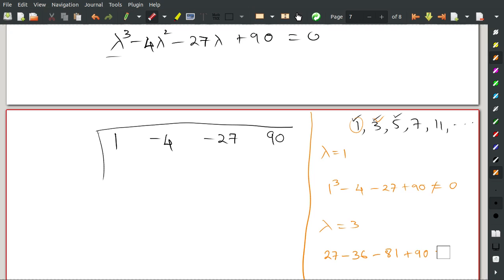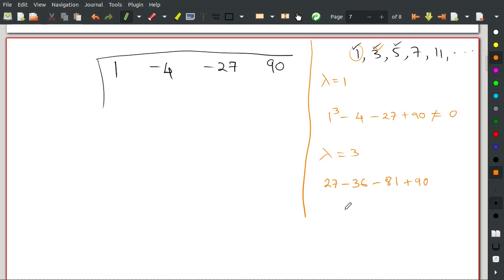We have to check whether it is equal to 0. We have 90 here. If we add this to 27, we have 117, and 36 plus 81 is 117, so we have minus 117, so this equals 0. So we can use 3 as our initial guess.